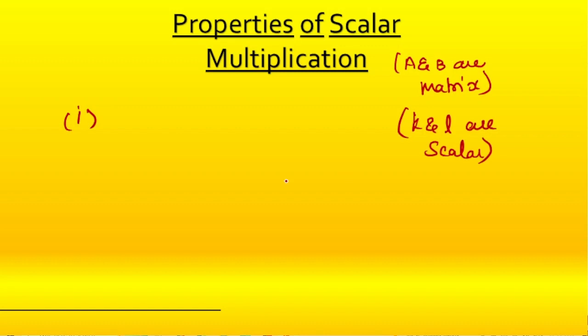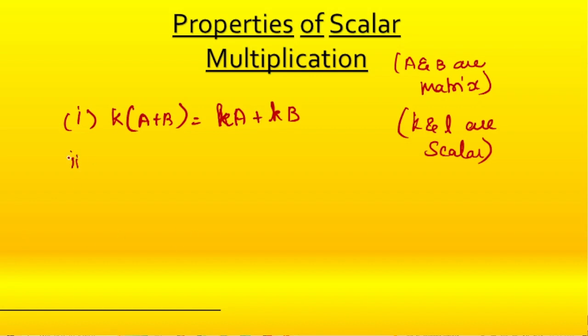That means they are going to be numbers. Clear? So when you have K into A plus B, you will have the answer as KA plus KB.